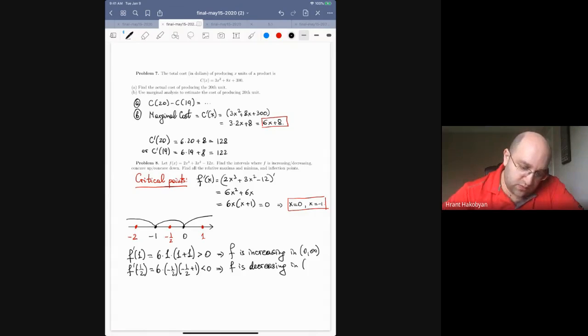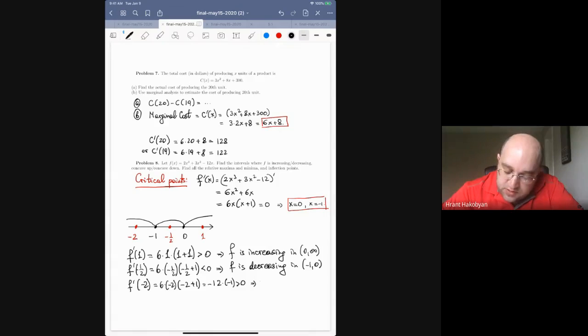in this interval negative 1 to 0. And then f prime of negative 2 is 6 times negative 2 times negative 2 plus 1, which is negative 12 times negative 1, which is a positive number, which is just 12, right?